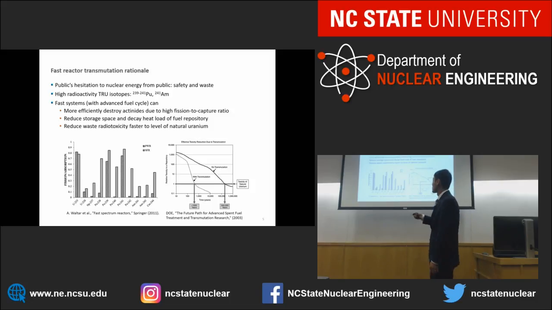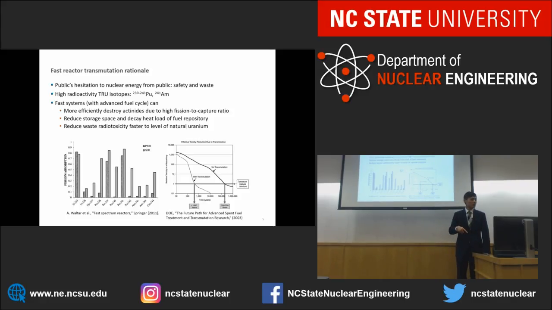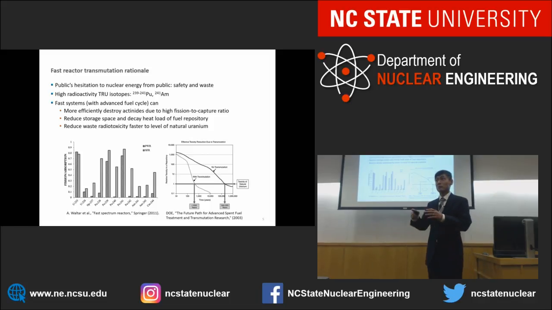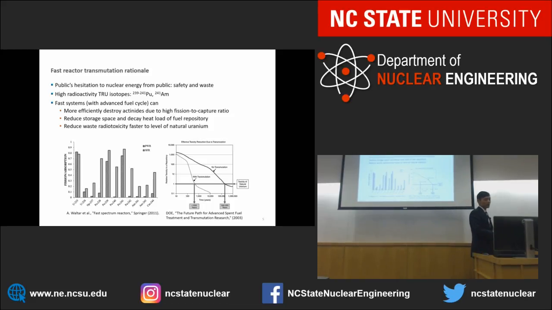You can see this ratio is much higher in the sodium-cooled fast reactor than in the light water reactors. That means that by implementing fast reactors with a closed fuel cycle, we can reduce the storage space and decay heat load of the fuel repository. And we can reduce waste radiotoxicity to the level of natural uranium faster than otherwise.